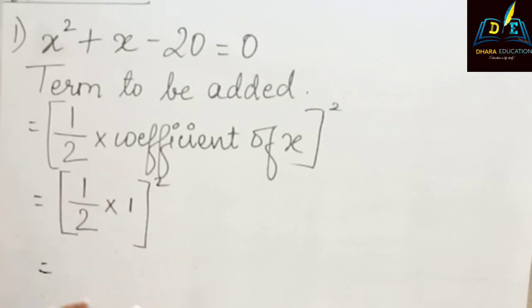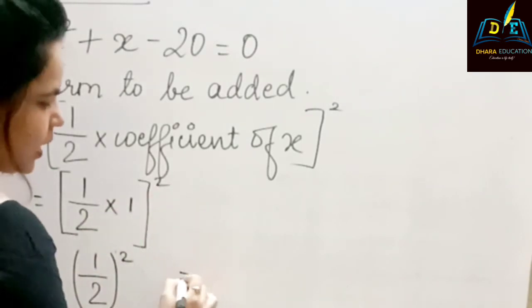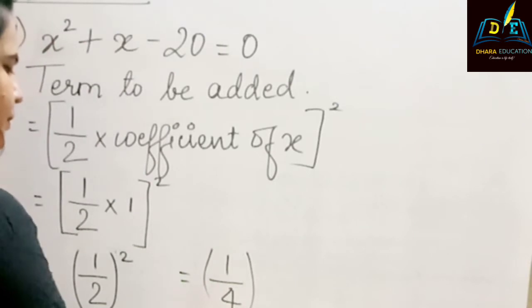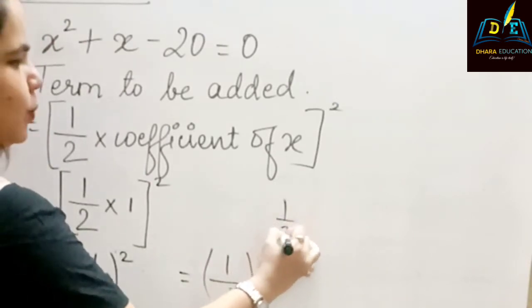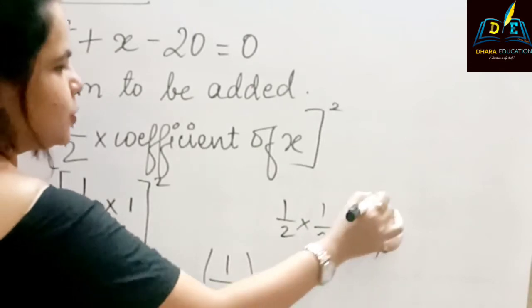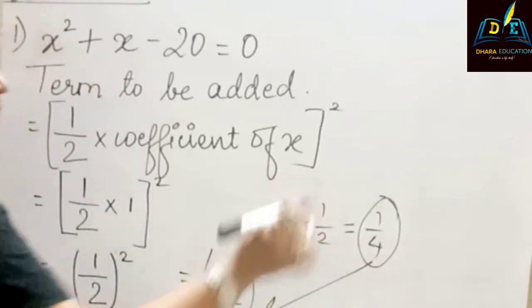Of course, anything which you multiply with 1, you will get 1, so it is 1 upon 2 the whole square. After this, what will be the answer? 1 upon 4, because 1 upon 2 multiplied by 1 upon 2 gives you 1 upon 4. So this is your answer which I have written here.